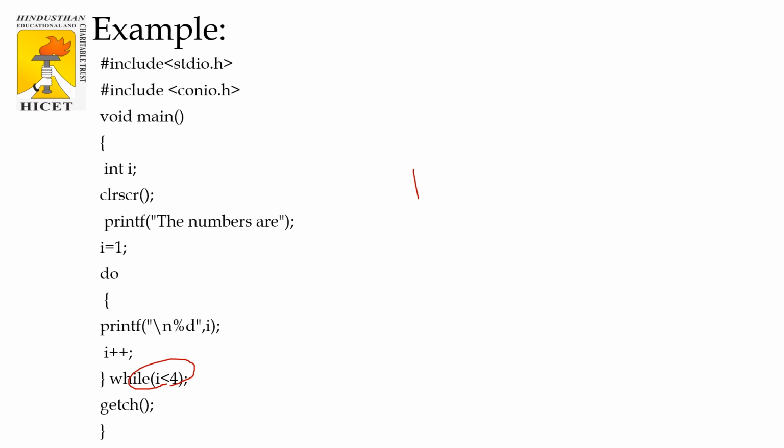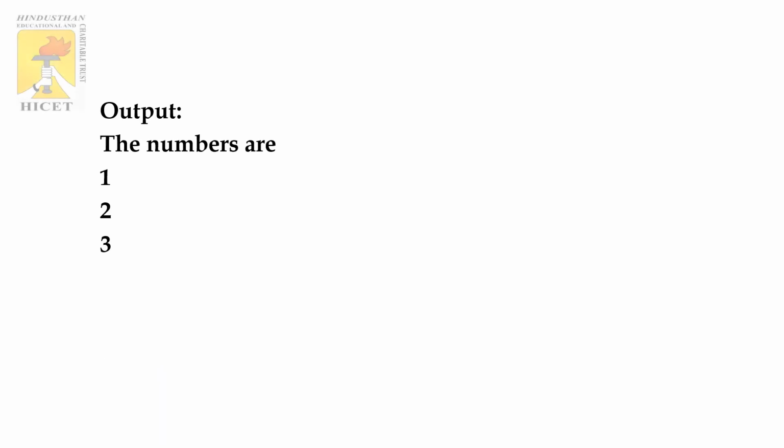Again it goes to the do loop and prints 2. Then the increment process is executed, then the condition 3 less than 4. Again it will print 3, right? Then increment to 4. 4 less than 4, the condition will be checked and it's false. So it will exit the loop. The outputs are 1, 2 and 3.